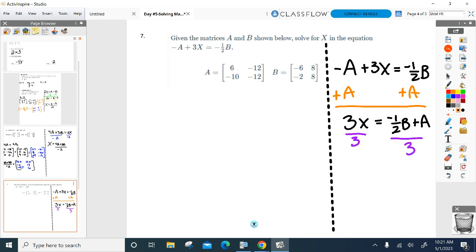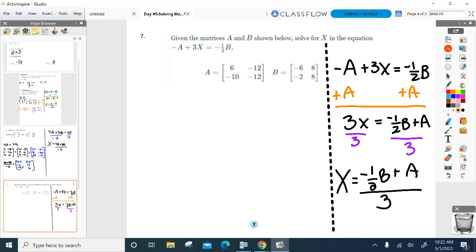All right, so here's how you're going to get this matrix X. You're going to multiply everything in matrix B by negative 1/2, add it to everything in matrix A, and then divide your final one by 3. Or multiply by a third, but do not multiply by 3. You're dividing by 3. If you want to multiply, do it by a third. All right, do your thing.